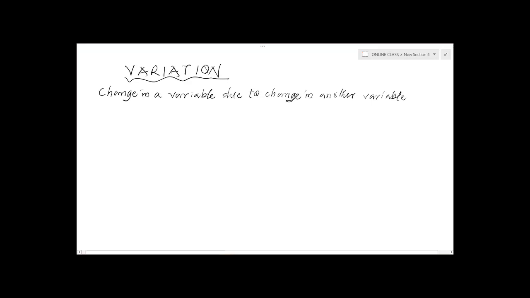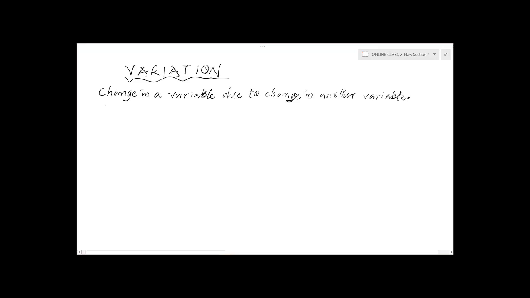Are you there? Yes, I believe you are there. So what this means is that if we talk about a variable, we use any letter to represent the variable.